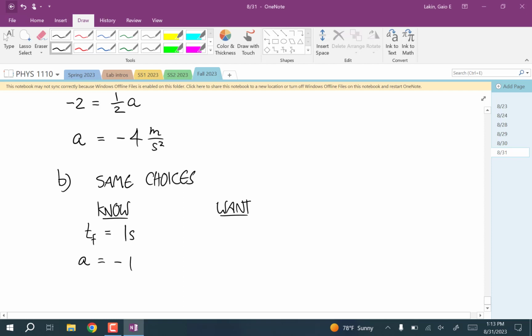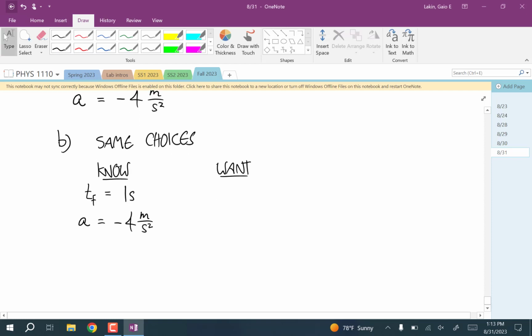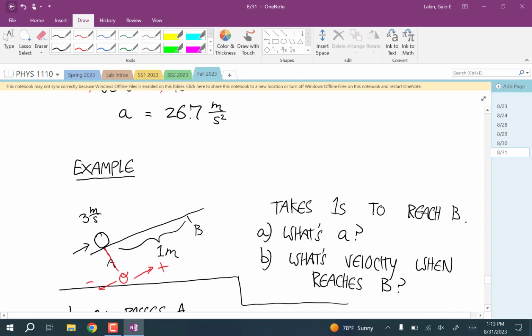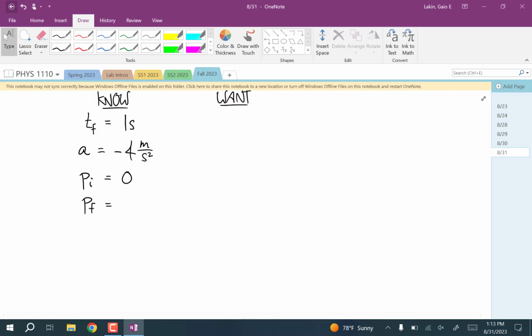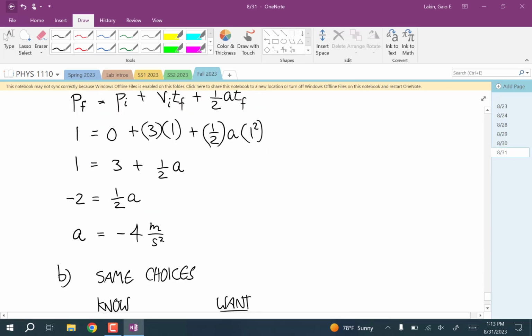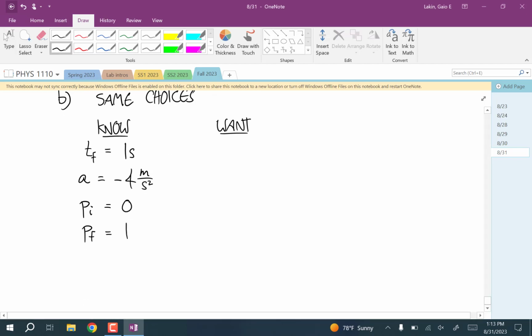Acceleration is -4 meters per second squared. Initial position is 0. Final position is, how far was that? 1 meter.